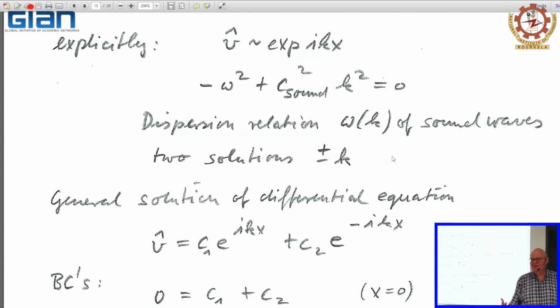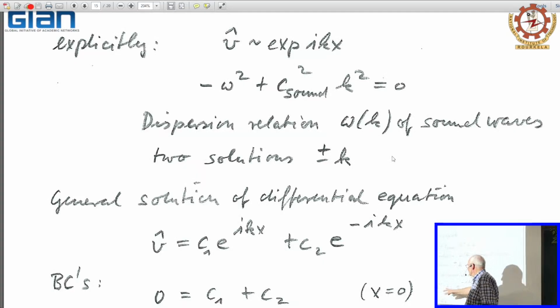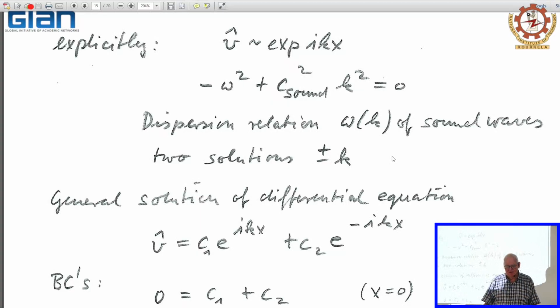What does it mean physically? This part of the solution, if you add the time dependence e to i omega t, what does it physically represent, plus k and minus k? One is a wave going left and the other wave goes right. So these are two waves going in opposite direction.